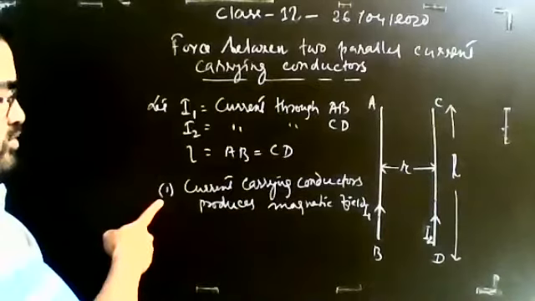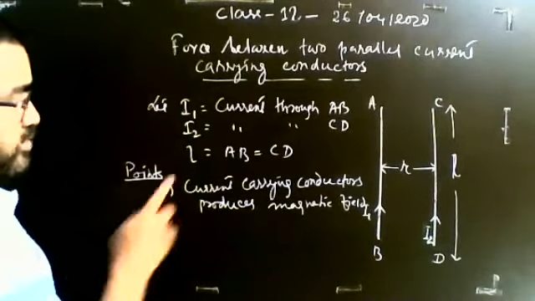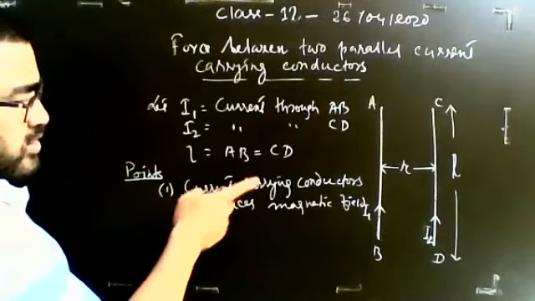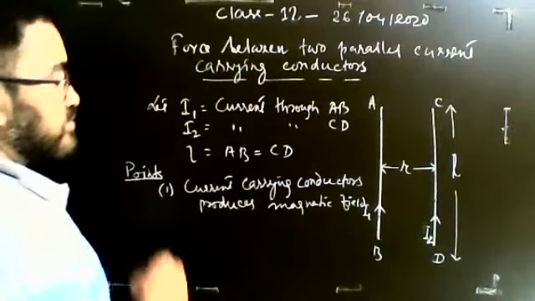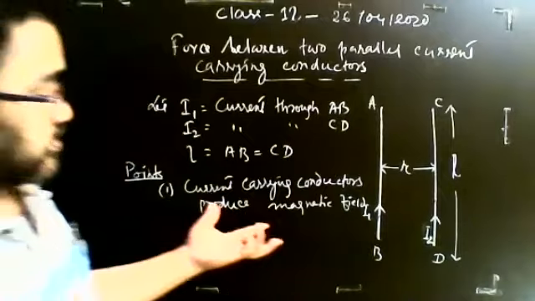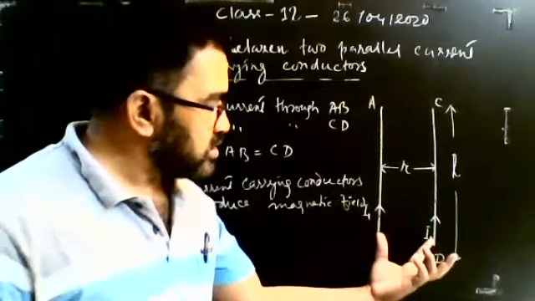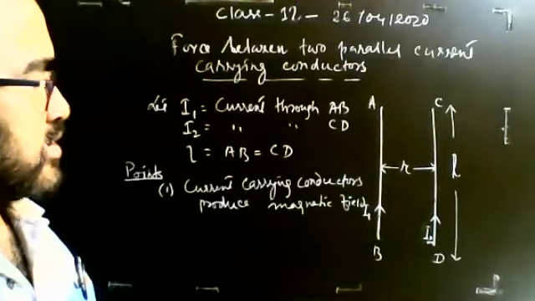So the first important point is that current carrying conductors produce a magnetic field. In this case, both the current carrying conductors will produce a magnetic field, right?